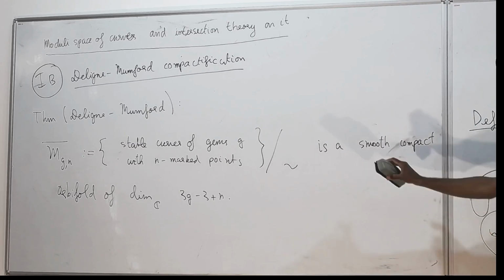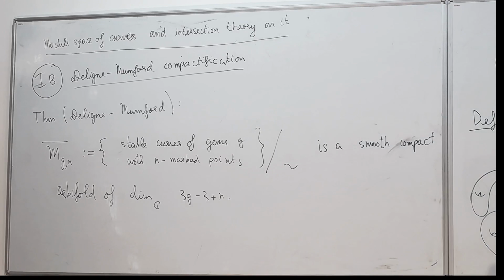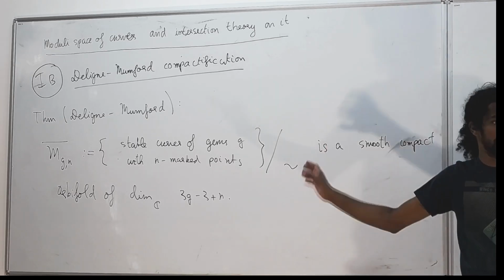Proving this is hard; I haven't really looked at the proof. Basically, the idea is that you need to make sure all these limits exist, that you're able to take limits of curves that degenerate and that are still inside this moduli space.